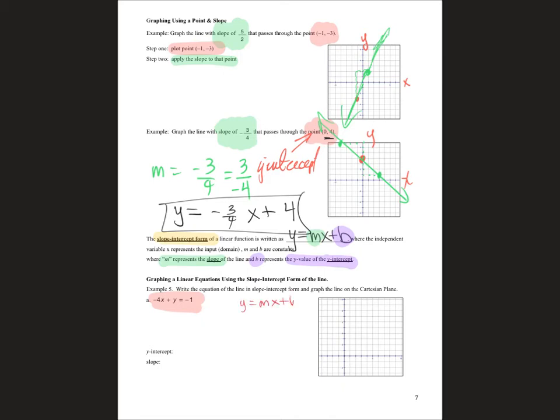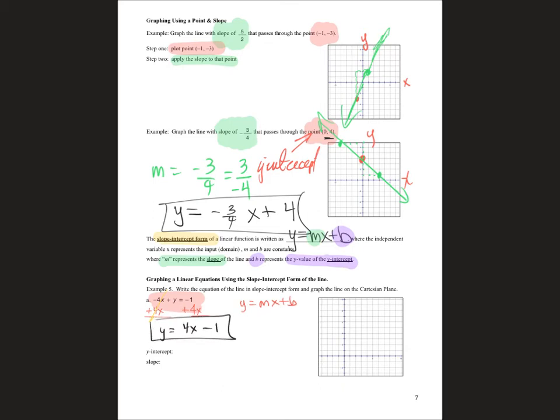So I need to isolate the y. I need to move everything connected on the left-hand side away from it. So to do that, opposite of minus 4x is plus 4x. Okay, so that makes this go away. So I am, in fact, now left with y equals, and I'm going to put it in the order of slope-intercept form, and there it is.